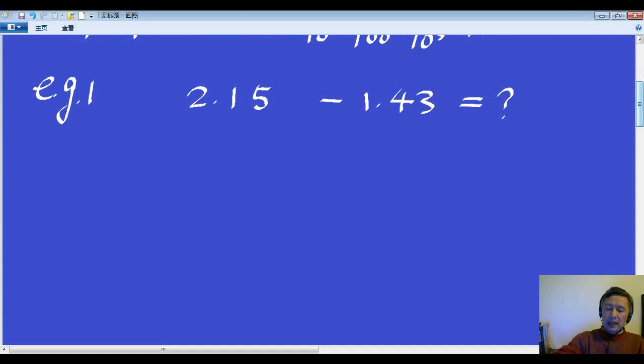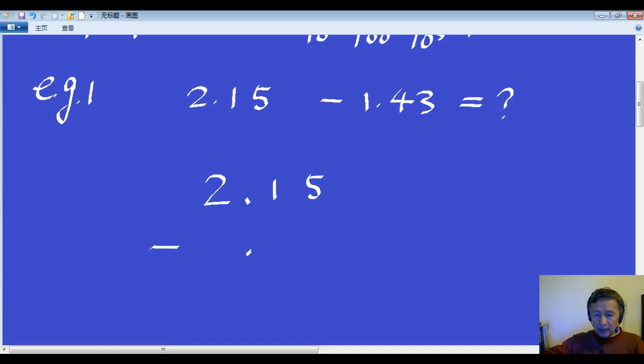So to do that, we just put the first number here. I'm writing larger in order to illustrate some other issues. So we basically say there's 2.15 minus, be careful. So here we have put the decimal point in the right place.